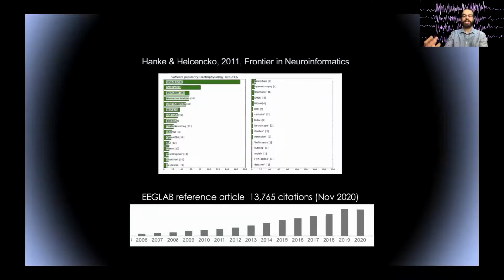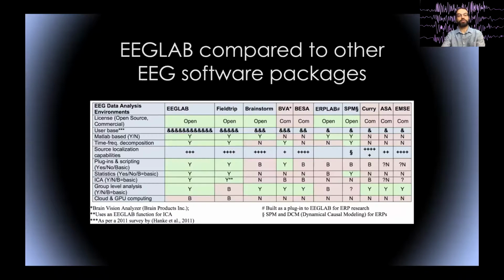And you might say, well, now there are other tools, so what's the advantage of using EEGLAB? So we also compared to other tools, in terms of what you can do.